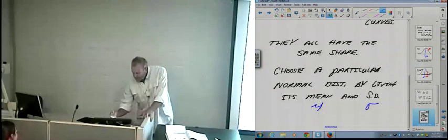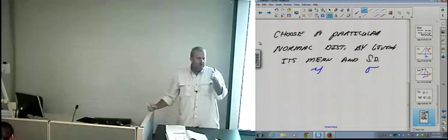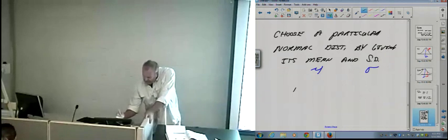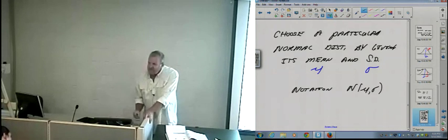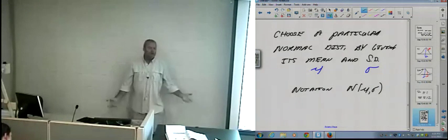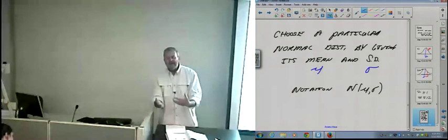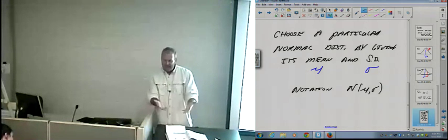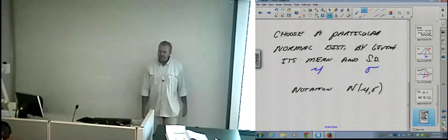My notation for this, I'm not going to write it out for you every time that we have a normal distribution. My notation is N, mean mu, standard deviation sigma. So what I'm telling you is a normal distribution has two unknowns, two parameters. Its mean mu and its standard deviation sigma. Once I get those from the problem, I know everything I need to know about that particular normal curve that describes that normal distribution.